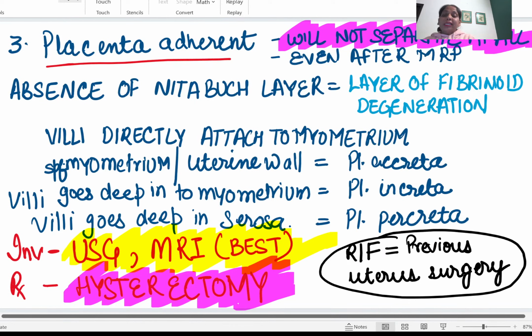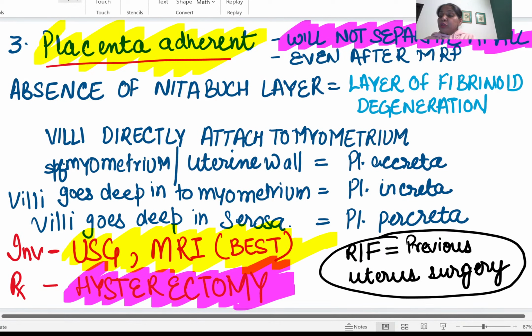Now let us see the adherent placenta. Here the Nitabuch layer, the layer of fibrinoid degeneration below the decidua basalis, is absent. How will you diagnose adherent placenta?